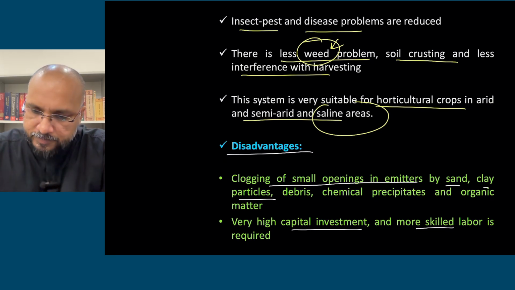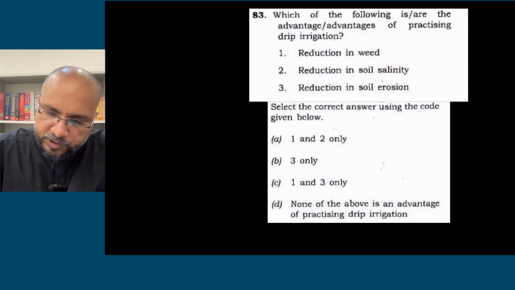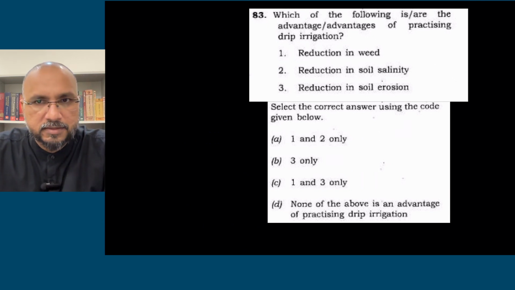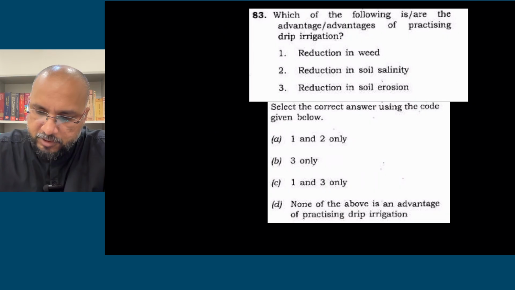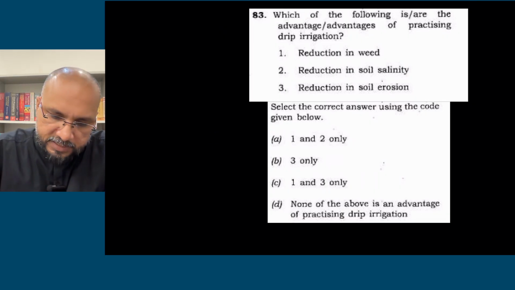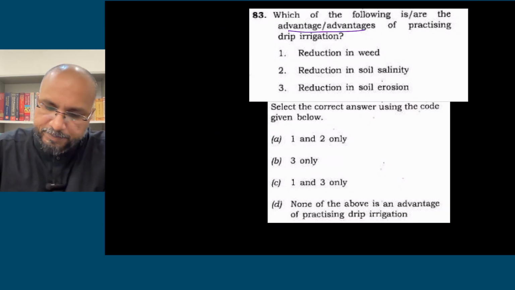Okay, now so this question is from the first video. So irrigation, before we started the topic of irrigation, I showed you this question. So this is a PYQ in the prelims. So what are the advantages of drip irrigation?